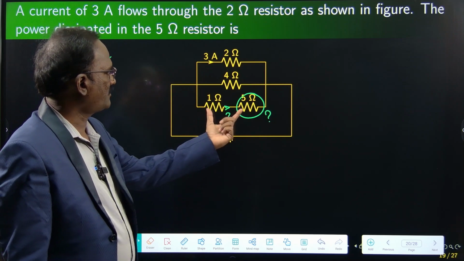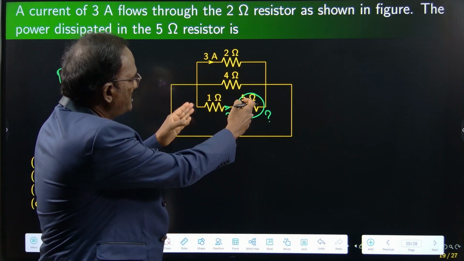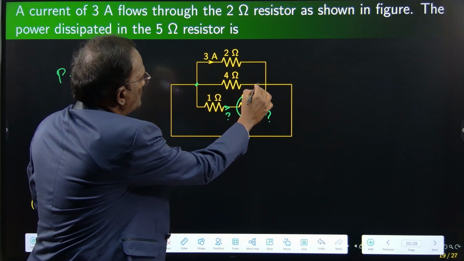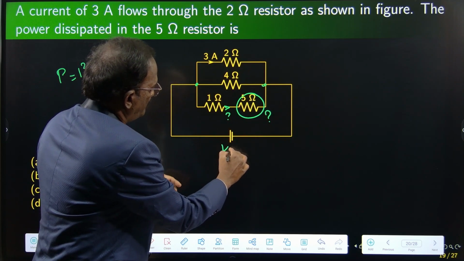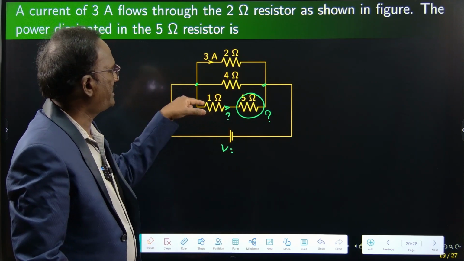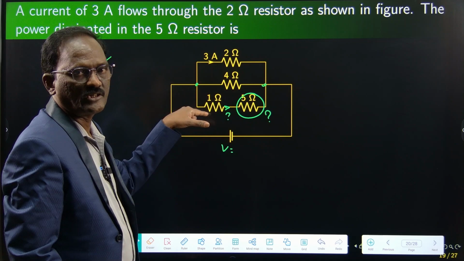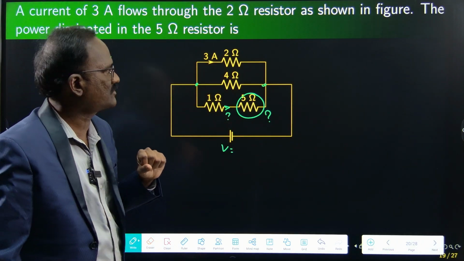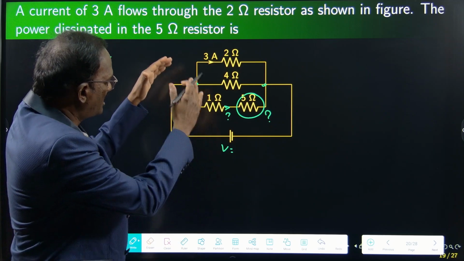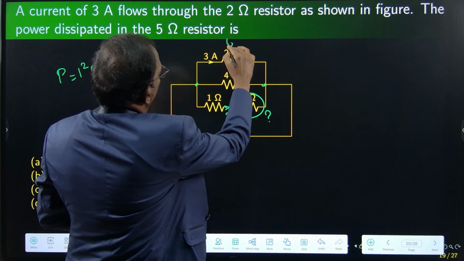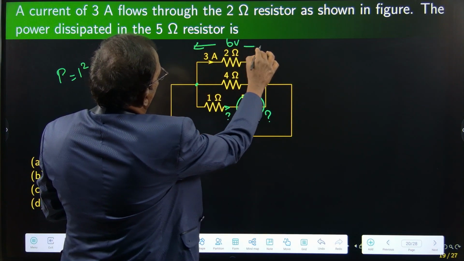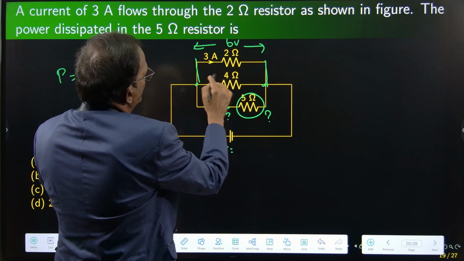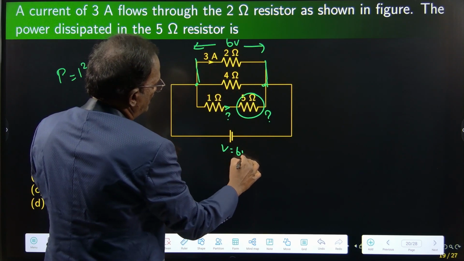To find the current flowing through this branch, we need the voltage across it. Between these 2 points, what is the voltage? If this voltage is found, then V divided by 6 ohms, 5 plus 1 in series, will be the current, and then we can apply P is equal to I square R, right? All are parallel connections, so 3 into 2, 6 volts is the voltage.